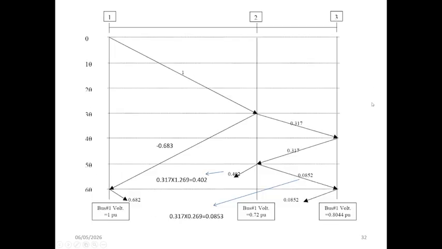Okay, this slide illustrates the lattice diagram of traveling waves propagating between bus 1, bus 2 and bus 3 over time. The vertical axis represents time in multiples of theta, while the horizontal axis shows the physical locations of the three buses. The initial voltage surge starts from bus 1 with a magnitude of 1 per unit at time 0 and travels toward bus 2.